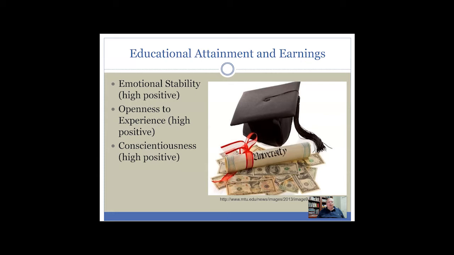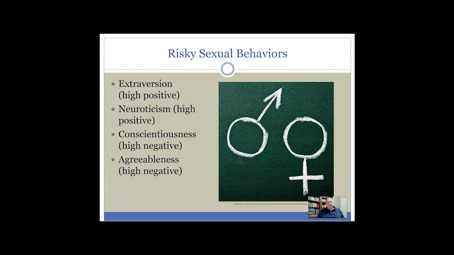Those individuals that perform highly in college and do very well in the business world tend to be highly positive in emotional stability, openness to experience, and conscientiousness. Risky sexual behaviors. Behaviors these days can kill you.